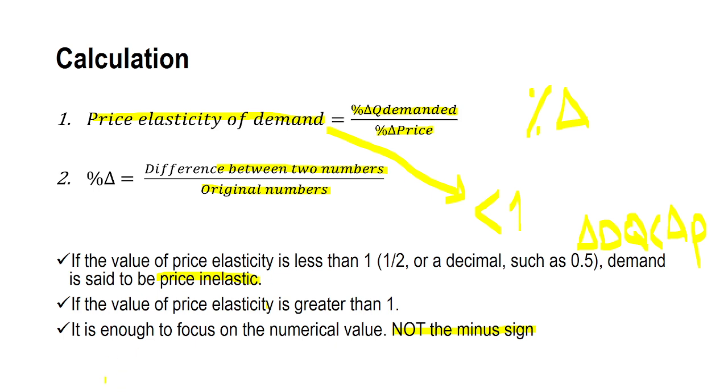If the value is more than 1, we say that we have price elastic demand, which means that the amount of change in quantity demanded is more than the amount of change in price.